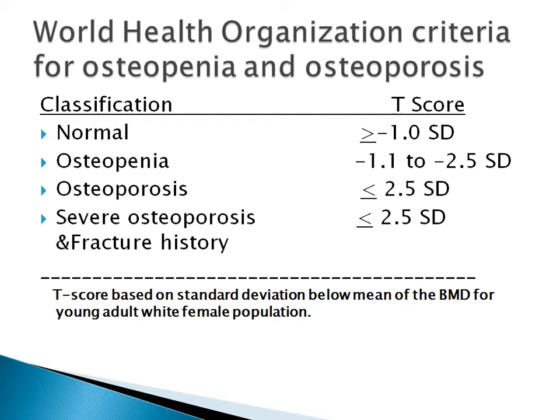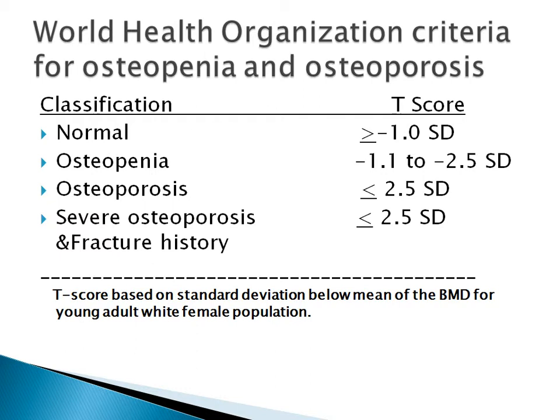And if there is osteoporosis with a history of fracture, that is, the T-score is less than or equal to minus 2.5, below the standard deviation, that would be classified as severe osteoporosis. Now, on this slide, you can see it doesn't have the minus sign in front of the 2.5. There should be a minus sign for osteoporosis and severe osteoporosis.